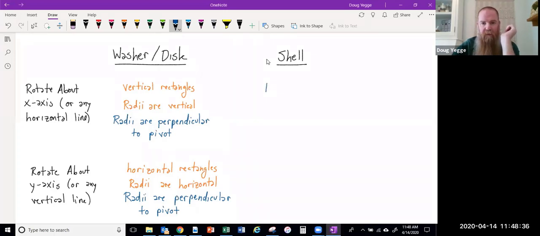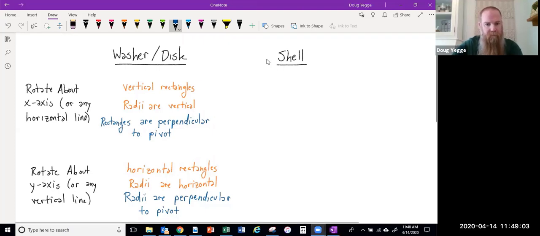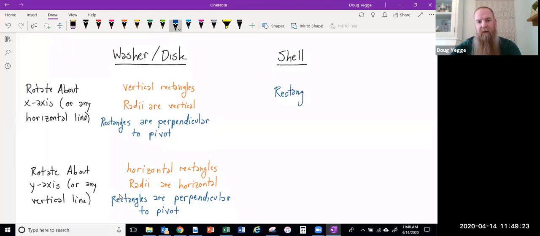For the shell method, the most important thing to recognize is that the radii, or rectangles, I guess we should probably rename this as rectangles, are parallel to the pivot.